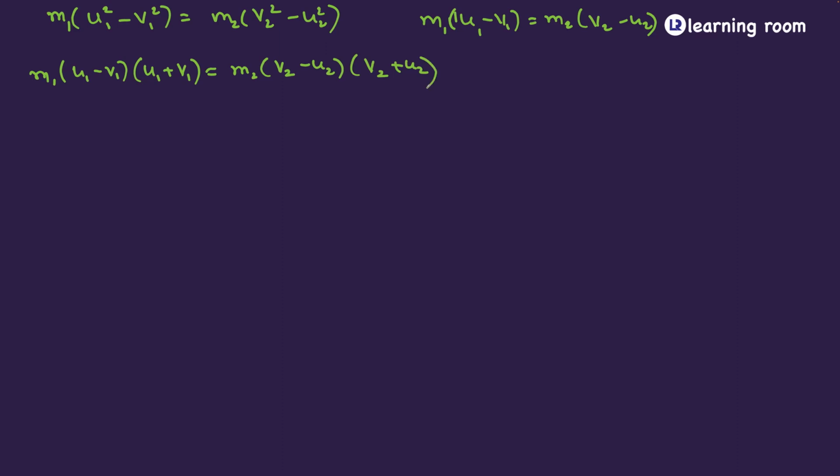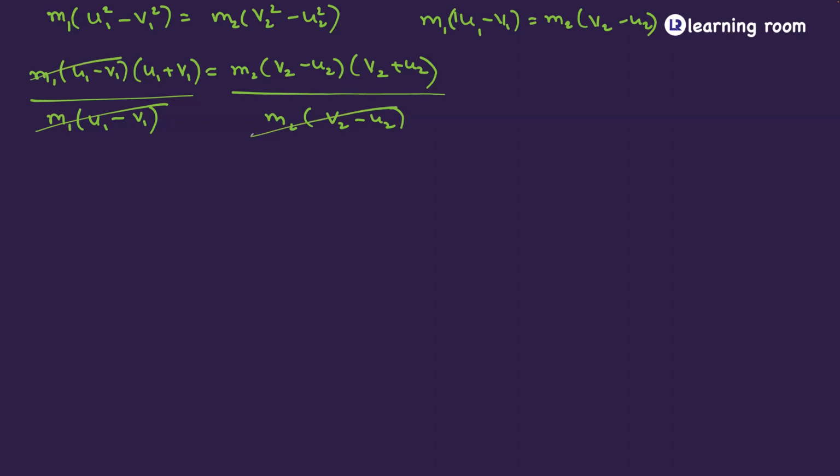Am I clear with this? So basically a square minus b square, we have written it like this. Now divide this equation with this. That is going to be m1 into (u1 minus v1) divided by m2 into (v2 minus u2). Right. So what will get cancelled? m1 into (u1 minus v1) and m1 into (u1 minus v1) is gone.